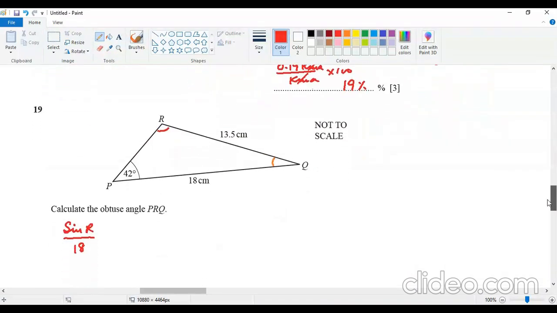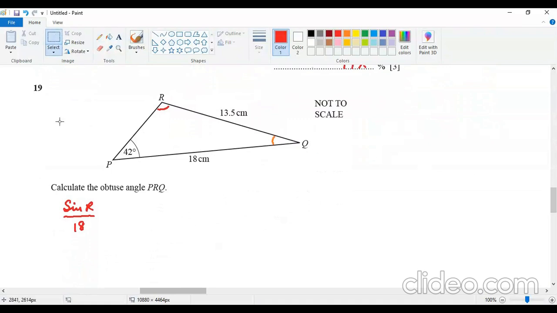Moving on to the next question. This is about finding the obtuse angle PQR. That means we are talking about this angle, which they need to find out. And we can use the sine rule over here, since we need to find out the value of R first. So sine R over 18 is equal to sine P, sine 42, I should write, over 13.5.